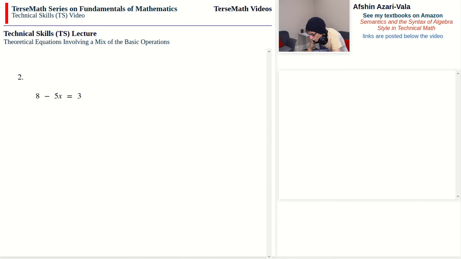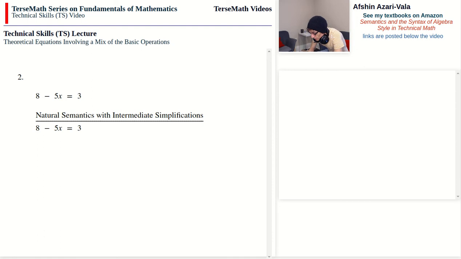Okay, problem number 2. 8 minus 5x is equal to 3. And we follow, let's say, natural semantics with intermediate simplifications. And so we see this as 8 minus 5x, which would be plus 8. And of course, that's 0 plus 8, if you like. So 8 is being added. 8 is not being subtracted. 5x is being subtracted. 8 is being added.